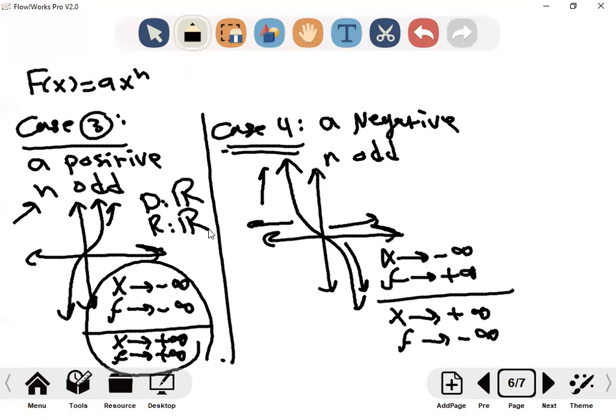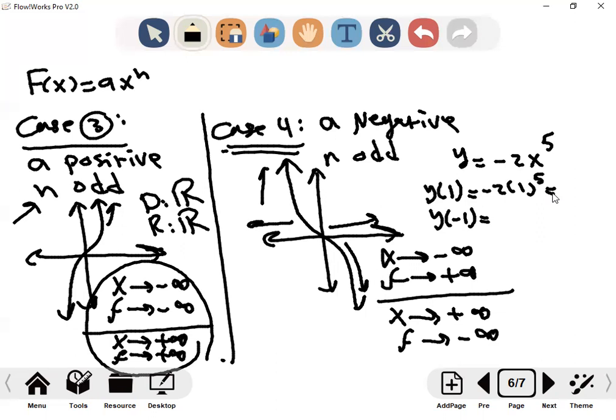Case 4: If A is negative and N is odd. Take an example to understand. For example, Y equals negative 2x power 5. Here A is negative and N is odd. Assume I want to put negative 1 in place of x, and positive 1. Let's see the answer. Y at 1: negative 2 times 1 power 5, right?